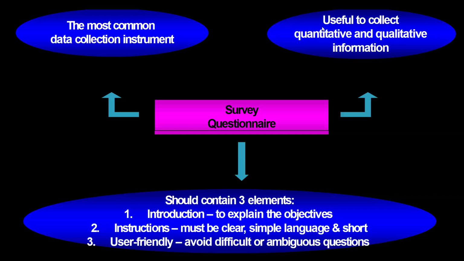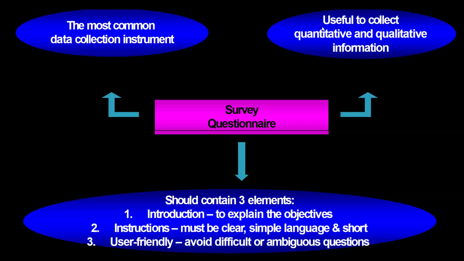So three things you have to understand. The questionnaire form or the feedback form or survey form should have a clear introduction explaining the objectives, why this research is conducted, and the second one is instructions, how to fill out the feedback form. And the third one is it should be user friendly.